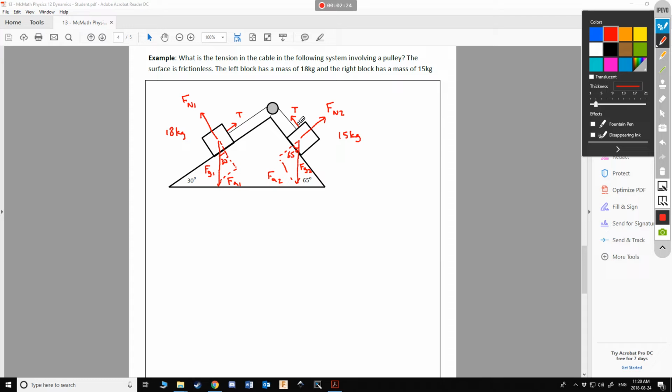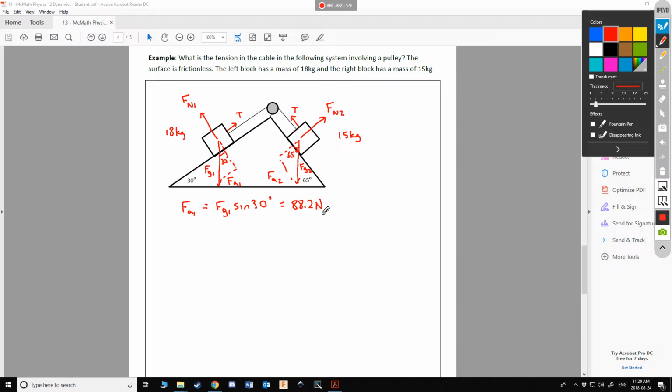So I'm actually going to solve for what FA2 and FA1 are first. I say, what is FA1? FA1 is just FG1 multiplied by sine 30 degrees. So FG1, that's the mass, 18 kilograms, multiplied by 9.8 meters per second squared, multiplied by sine 30, we end up with 88.2.